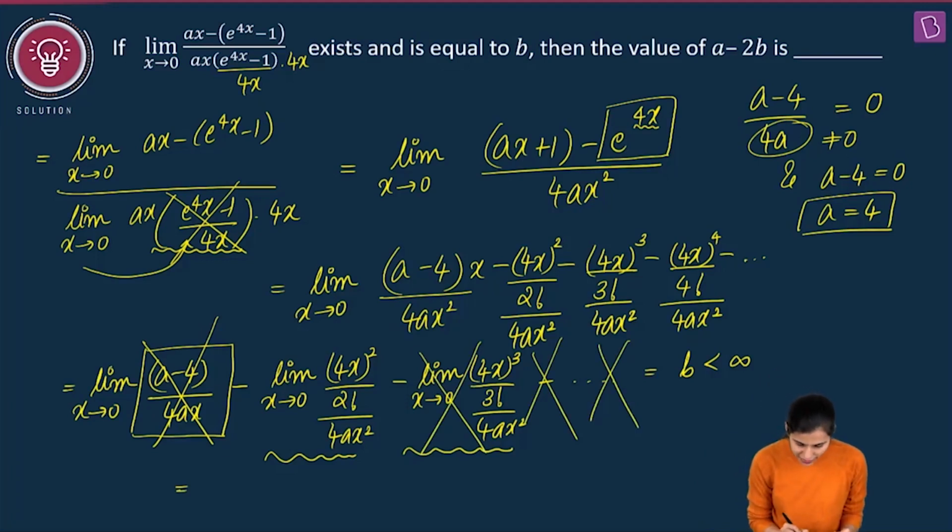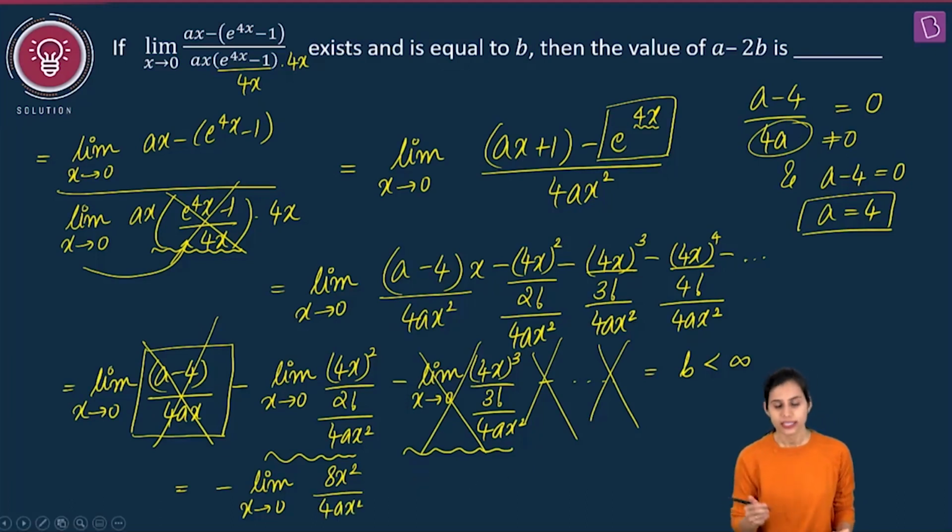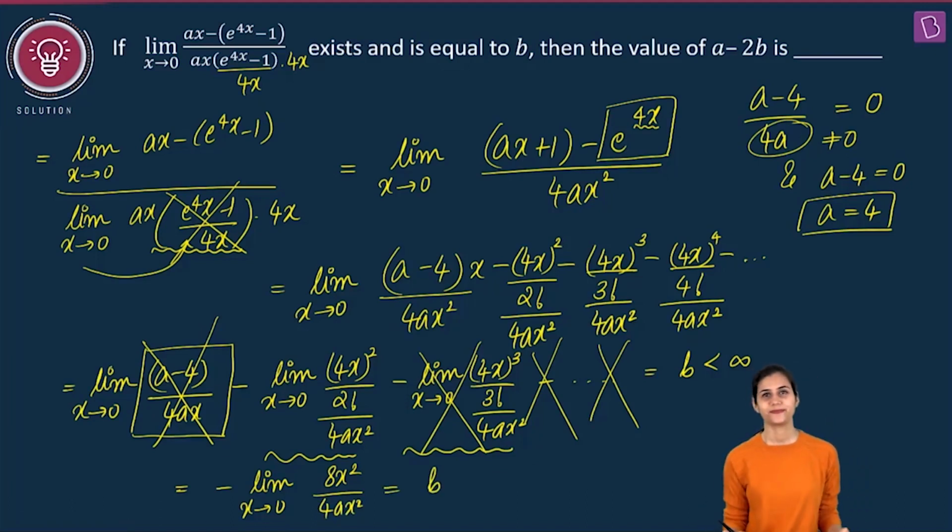Fine. So what are you finally left with? Minus limit x tends to 0, 4x square upon 2 factorial, that means 16x square upon 2, which gives you 8x square upon 4ax square, minus 0, minus 0, minus 0, that means nothing basically. So this is what is the limit b.